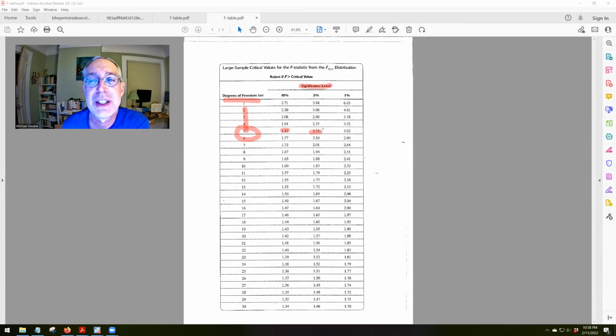If the significance level is 5%, then the critical value is 2.21. And if the significance level is 1%, the critical value is 3.0.